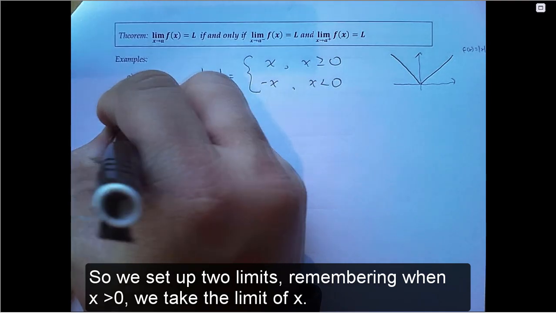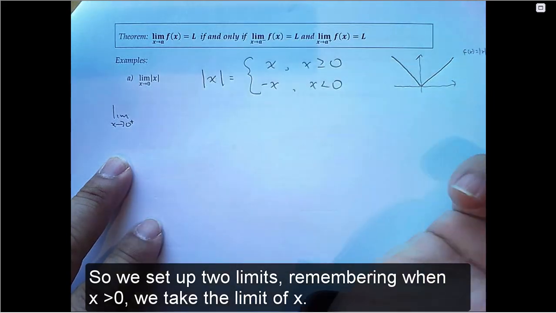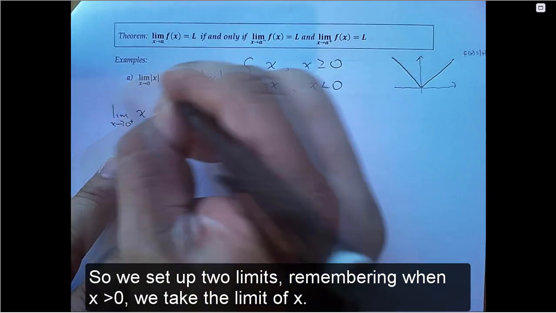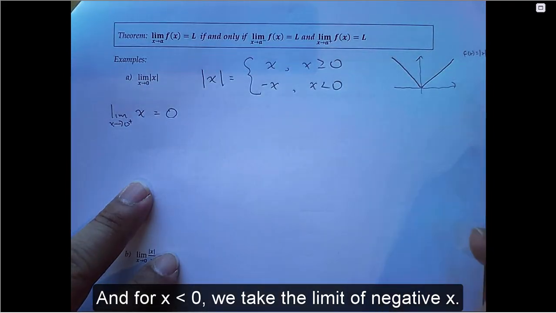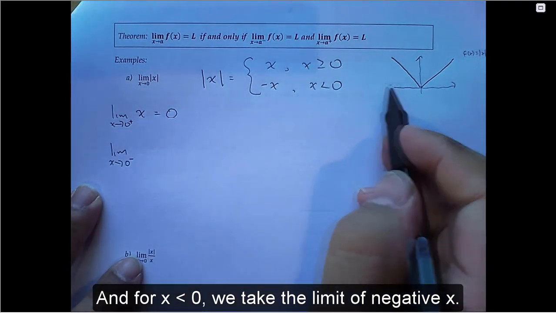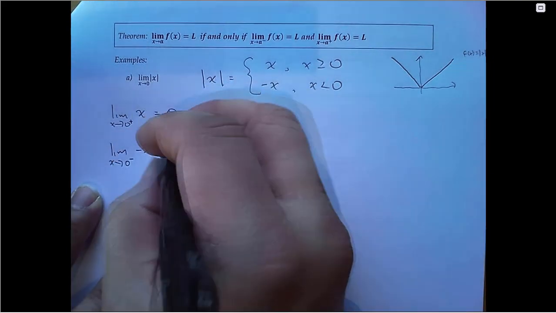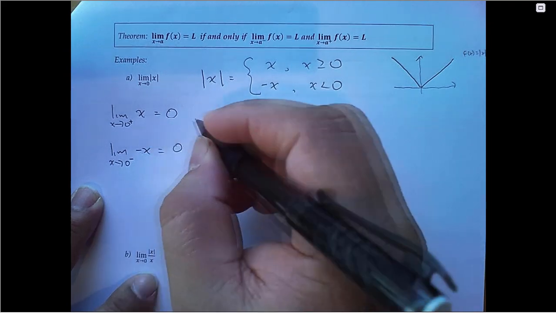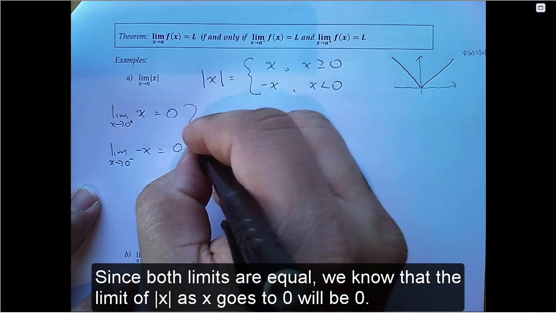So we set up the two limits, remembering when x is greater than 0, we take the limit of x. And for x less than 0, we take the limit of negative x. Since both limits are equal, we know that the limit of the absolute value of x as x goes to 0 will be 0.